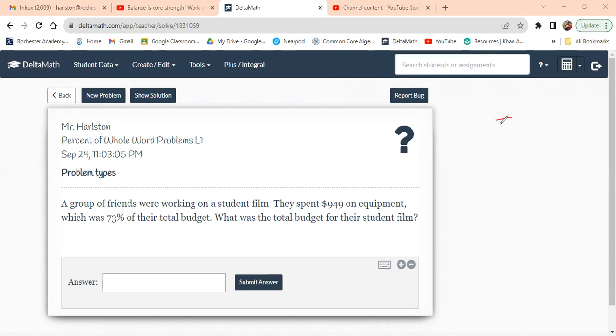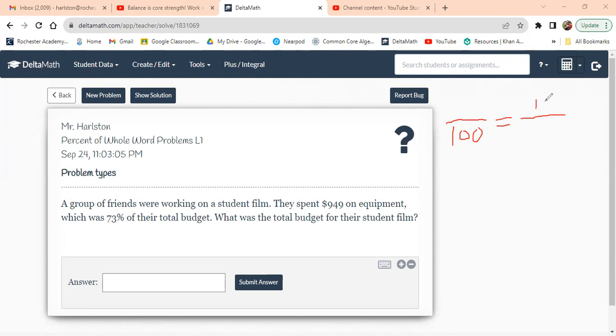You're always going to have an equal sign, and you're going to have a fraction on the left and a fraction on the right. 100 will always go on the bottom left because we are looking for a percent. Sometimes it's going to be a number up here, sometimes it's going to be a variable, the x variable.